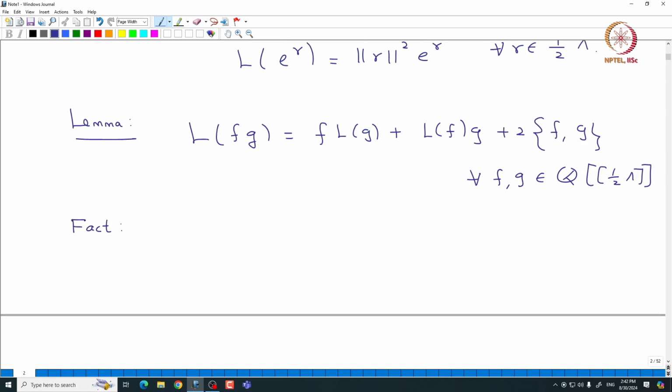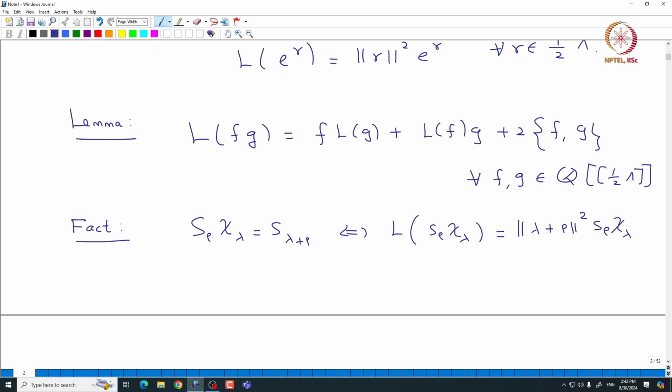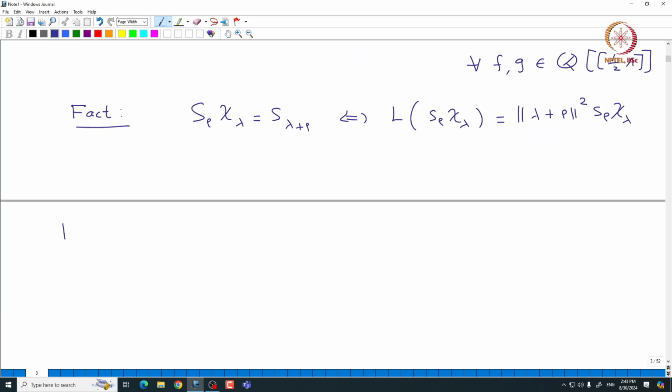This is a fact which we already proved: S rho chi lambda equals S lambda plus rho if and only if the Laplacian of S rho chi lambda is exactly norm lambda plus rho squared times S rho chi lambda. So S rho chi lambda is an eigenvector for the Laplacian with eigenvalue norm lambda plus rho squared.